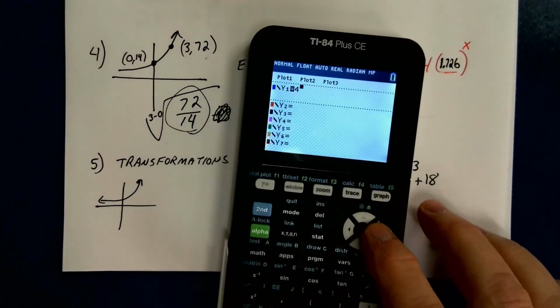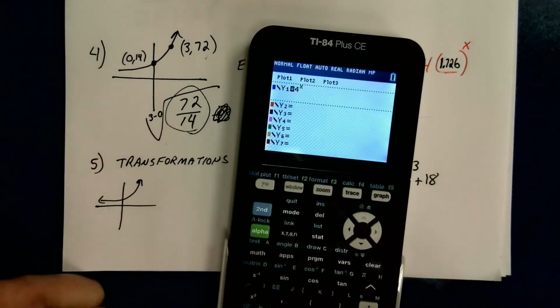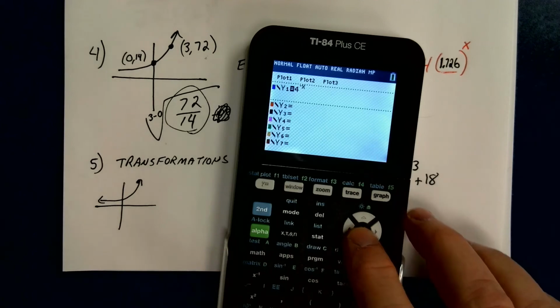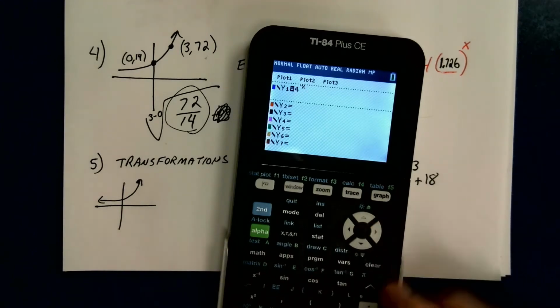So what happens when I put a negative? So let me insert a negative on that thing, and I hit graph, and you can now see that it becomes a decay. And I'm hoping that makes sense, right? Because 4 to the negative x is the same thing as 1/4 to the positive x. Cool. Now, what happens if I put something out here like this?